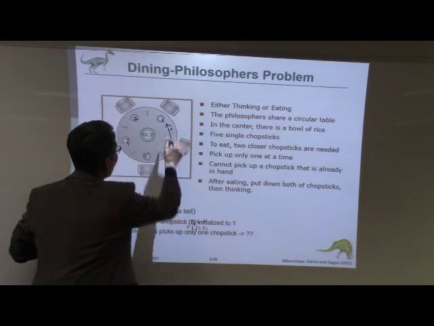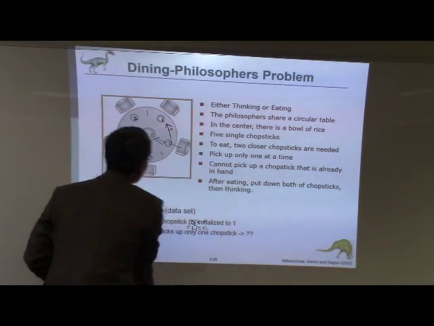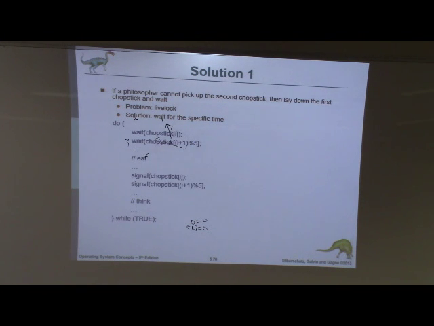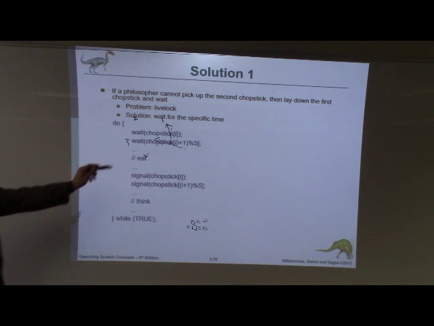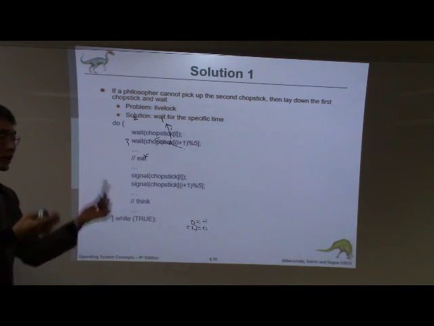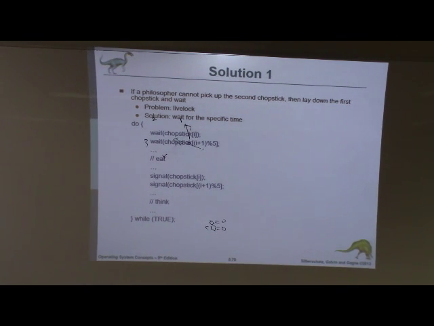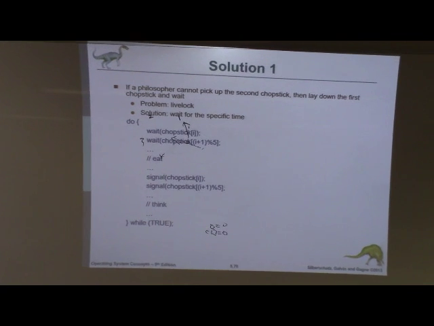So this one will be set as 0. Fine. Eventually, the philosopher can eat the rice, and this process can use the resource. Then once it is done, it releases mine and releases this. Then either think or go to the remainder section. Problem?